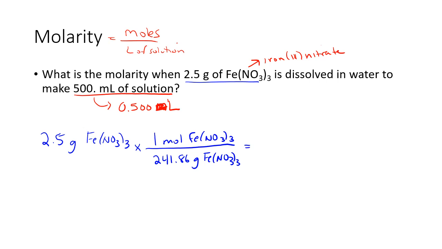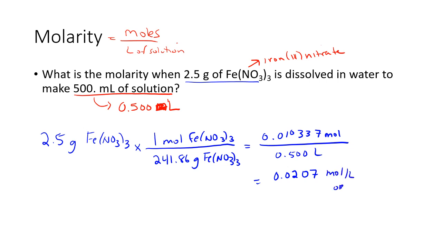When I calculate that, I get 0.010337 moles. I just wrote down enough numbers. We calculated that it was 0.5 liters of solution. And so when we divide that out, we get 0.0207. You might get 0.0206. That's also fine. That would be moles per liter, or capital M for molarity.